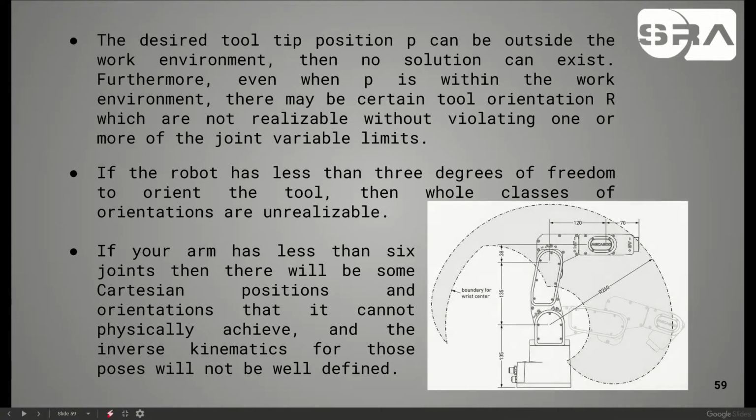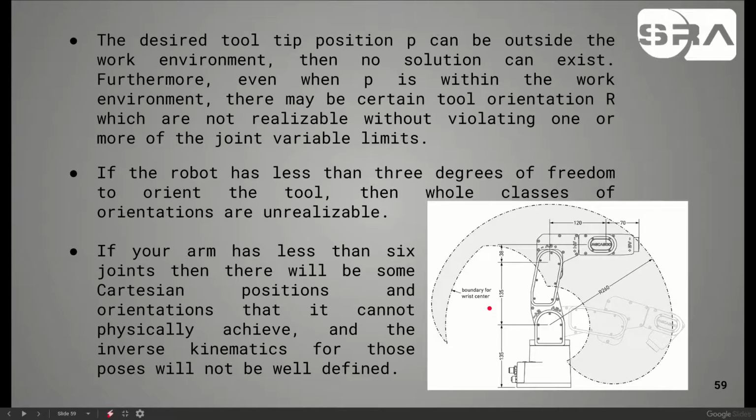Here is an example you can see in this robot. This robot can only go to areas in the shaded part. It cannot reach this part, it cannot reach this part as well. This part is just outside its range. You can see that this part is its vicinity, but still this robot cannot reach this part.